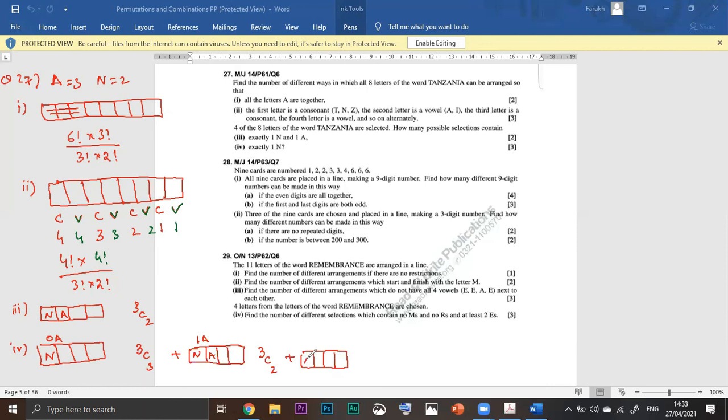If there are 2 A's, we will have to select 1 from the remaining 3 different. If there are 3 A's, 1 N is fixed, A, A, A, so we will have to select 0 from the different 3. 3C3 is 1, plus 3, plus 3, plus 1. So the total number of selections are 8.